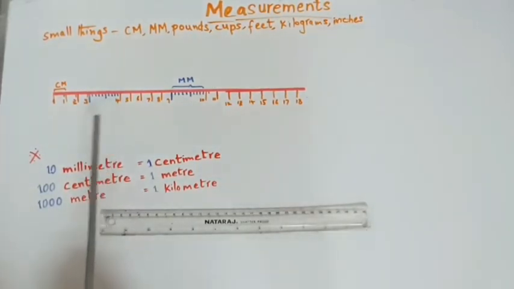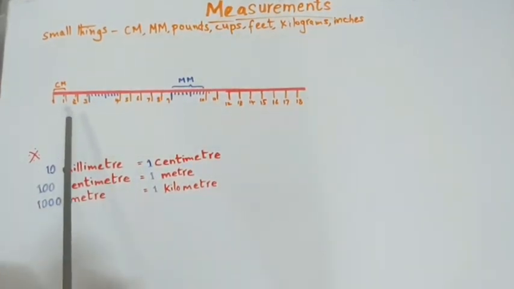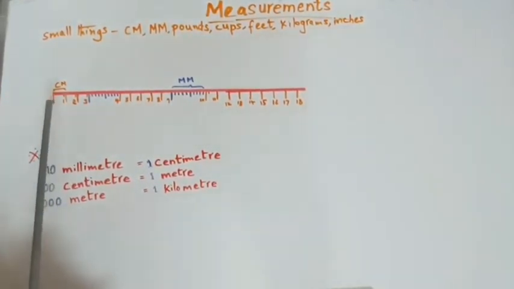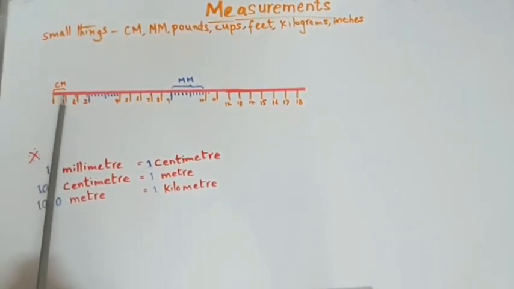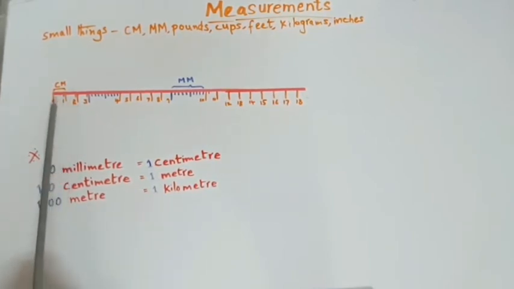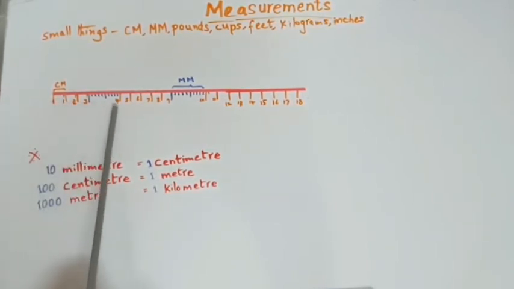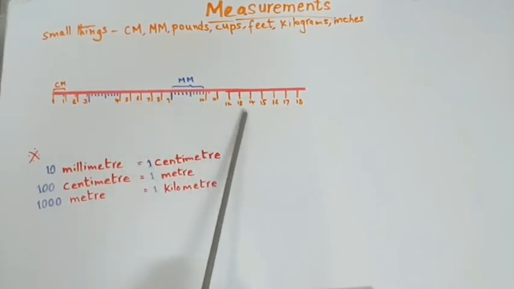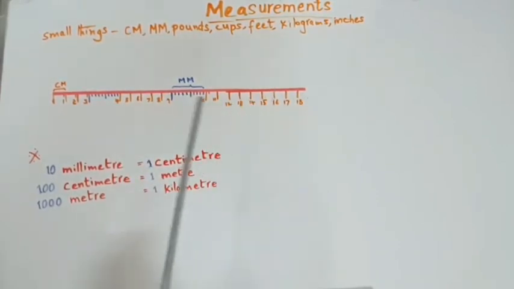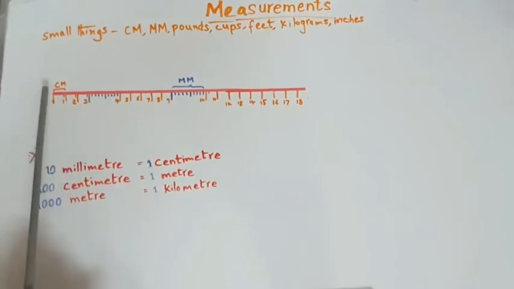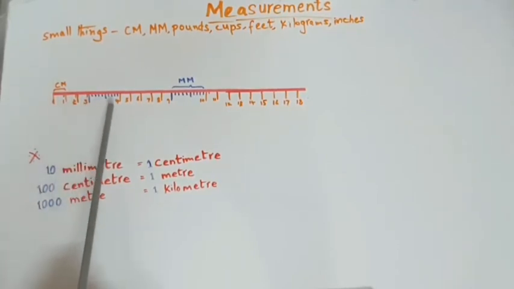Now here I have drawn a scale for you. See, look at this figure. Here 0 to 1 is 1 centimeter. From 1 to 2 is another 1 centimeter. So it is 1 centimeter, like I have drawn. In the scale it is the same. And now inside the centimeter there is a millimeter.